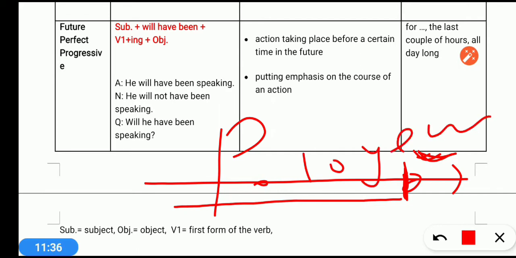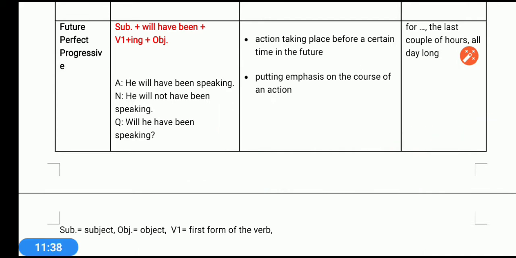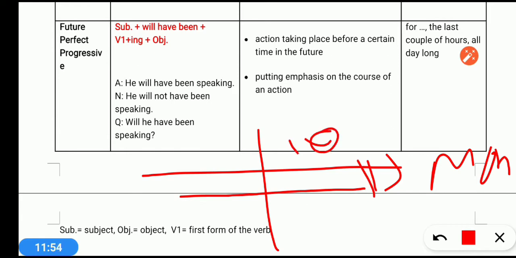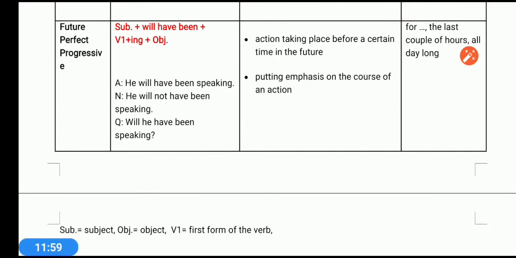Like he will have been doing this job in this company for 10 years by next Monday. So here Monday has not reached, it is about the future, but he will have completed 10 years of work in this firm by Monday. So any action which will be continuing for a particular duration, then we use future perfect continuous.